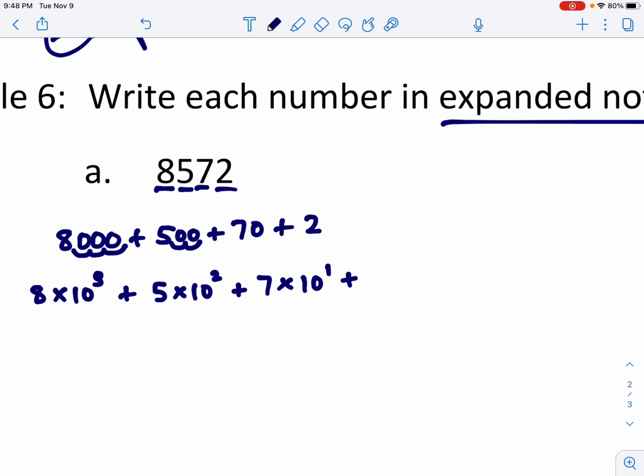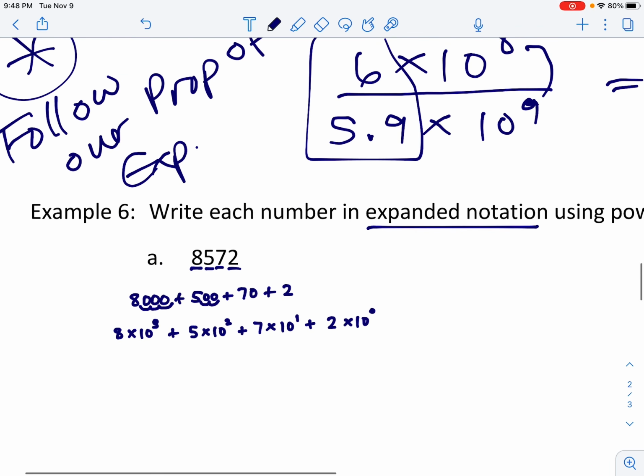And plus 2 times 10 to the 0. And there you have it. That is expanded notation. So when we write scientific notation expanded out, that is how we write it. Now that's the easy one.